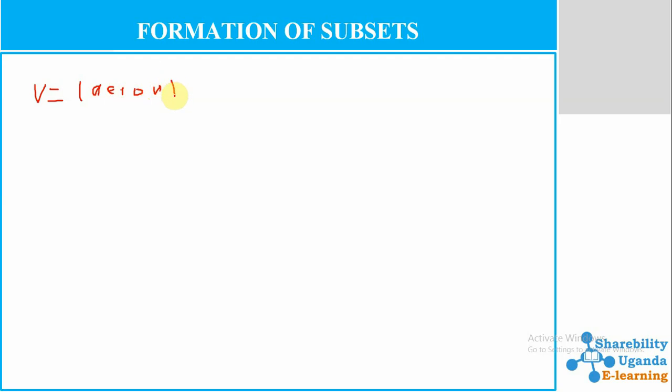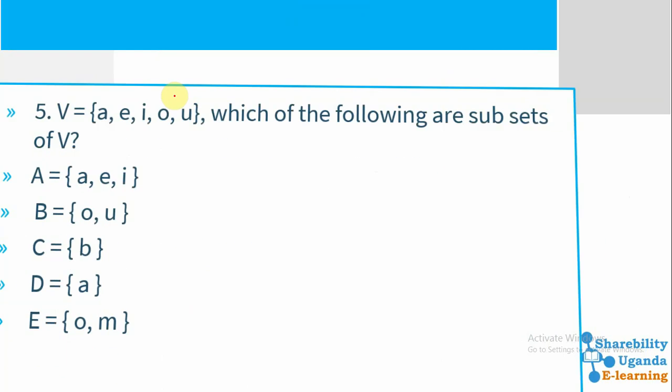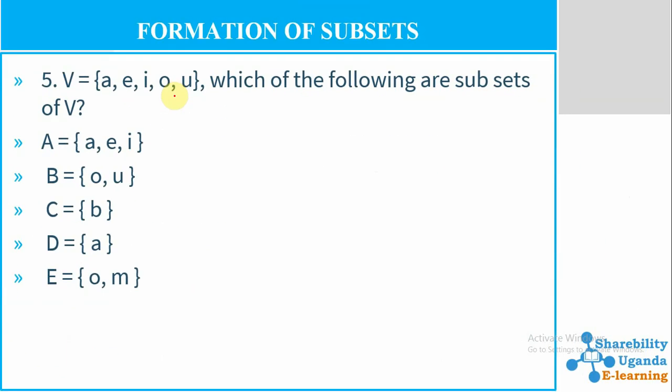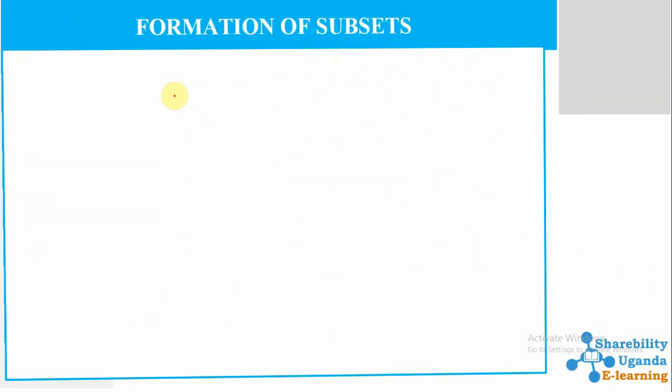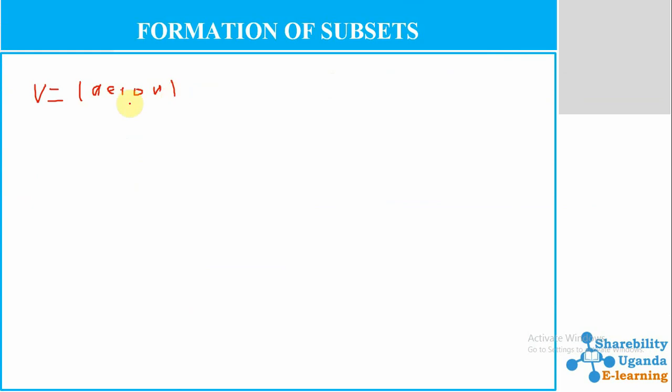So this is the set from which they formed more sets, and then they asked us to choose whether some of these are part of the subsets. Let us first form the subsets of this, so that we can know exactly whether those are part or not part.